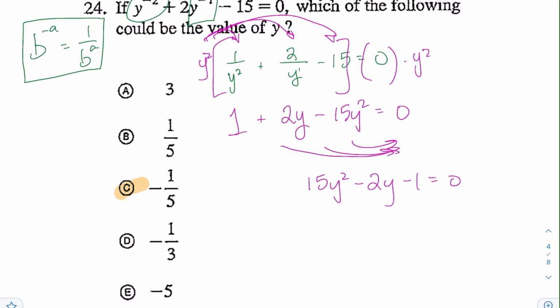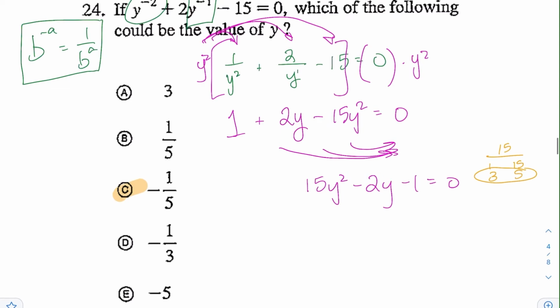So from here, you can try to factor by multiplying 1 and 15 to do factor by grouping, and 1 and 15 multiplies to 15. So if you write out the factors of 15, you have 1 and 15, 3, and 5. So that 3 and 5 can combine to form negative 2 if you have positive 3 and negative 5.